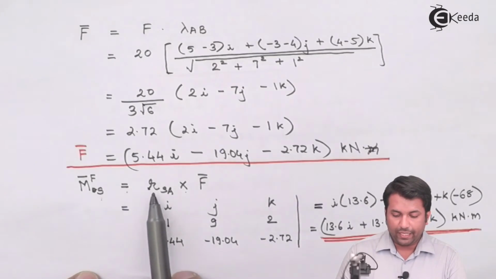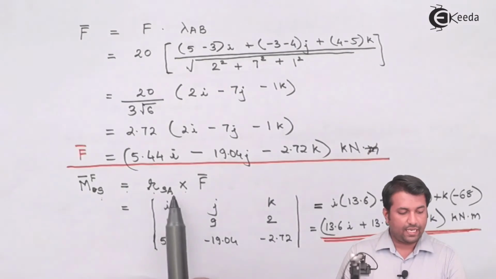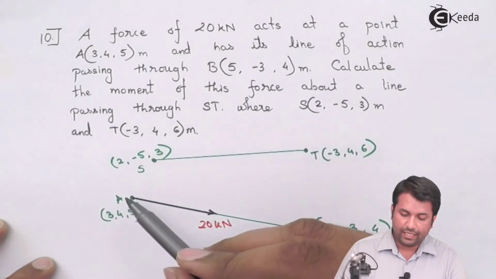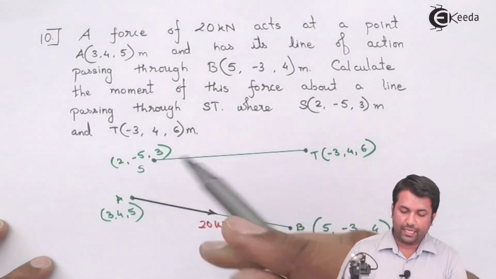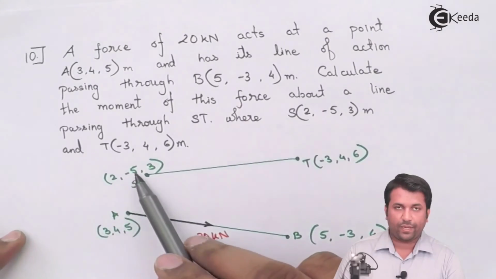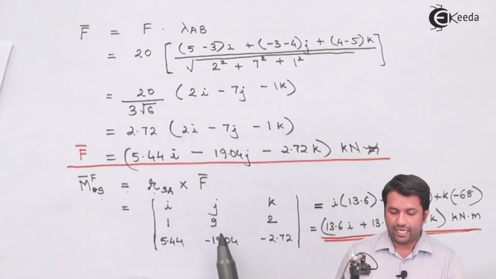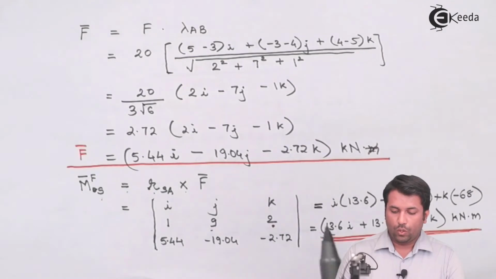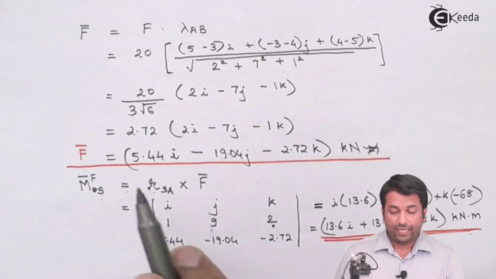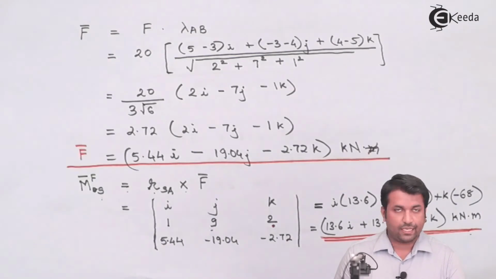So the position vector SA, I'll just take it as A minus S. So that will be 3 minus 2 as 1. Then 4 minus of minus 5 will be 9. And last is 5 minus 3, that is 2. So I'll get this as the moment vector of the force vector with respect to point S and not the line ST.